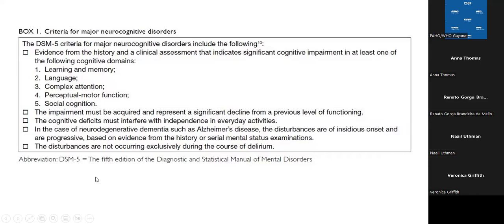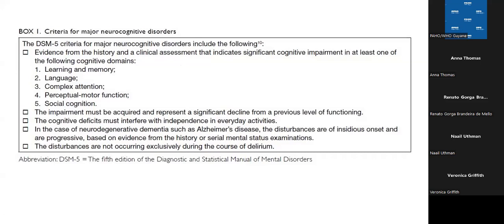To diagnose dementia, we must follow the DSM-5 criteria, which is the evidence from the history and a clinical assessment that indicates significant cognitive impairment in at least one of the following cognitive domains. 1, learning and memory. 2, language. 3, complex attention. 4, perceptual motor function.